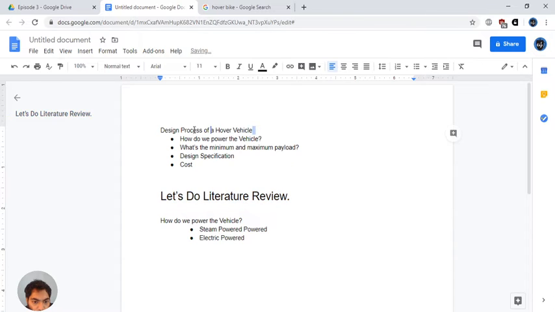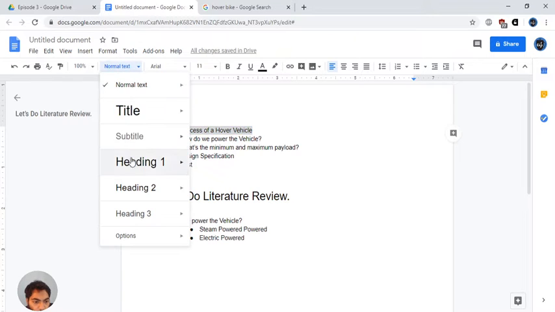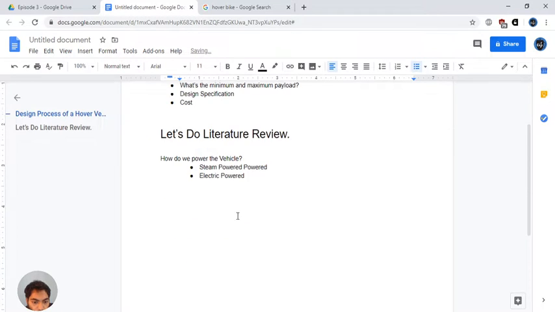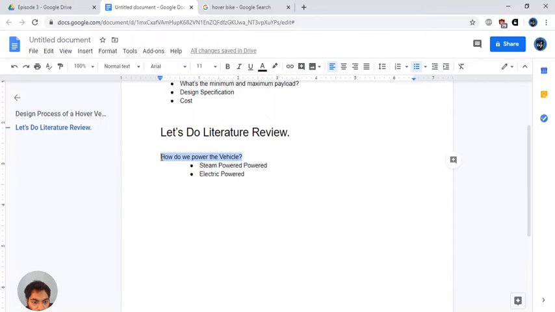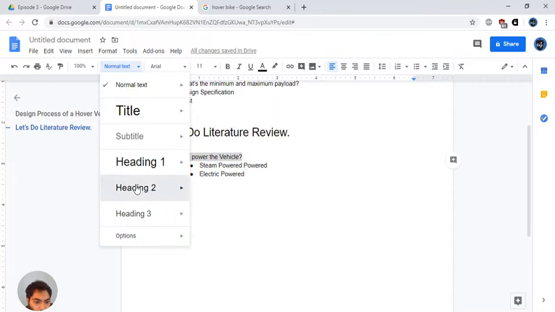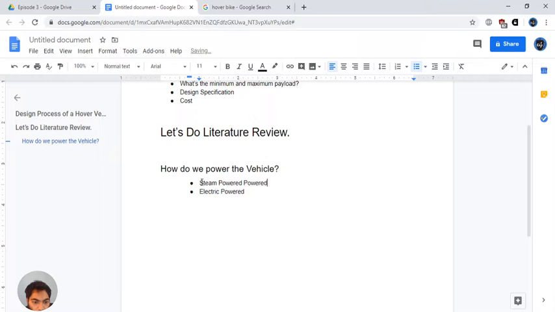Now what we're going to do is this is heading 1. Heading 1, right? So I'm going to make this heading 2, and it's much easier for me to navigate over there.